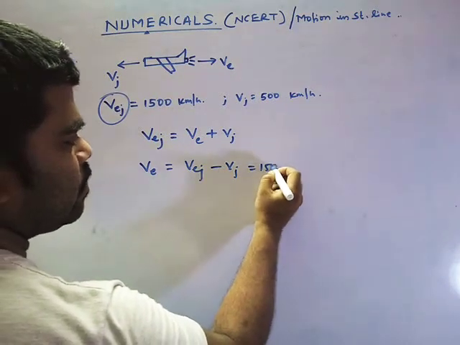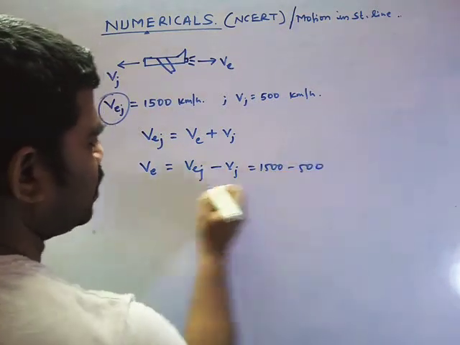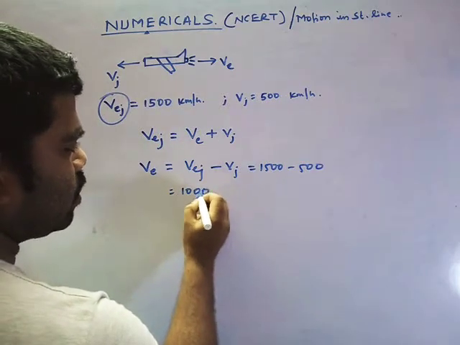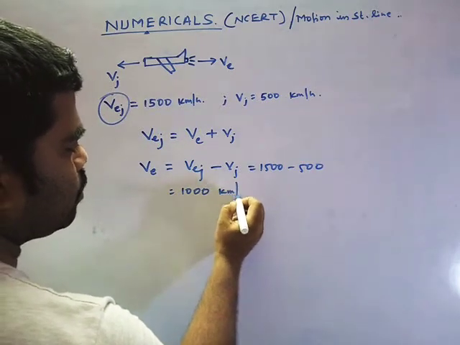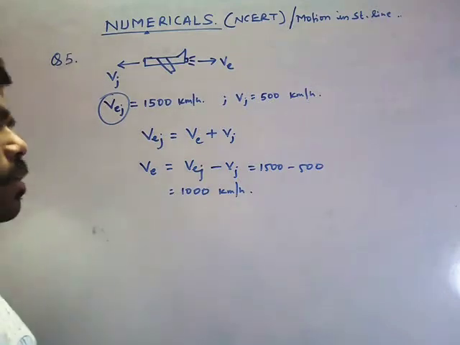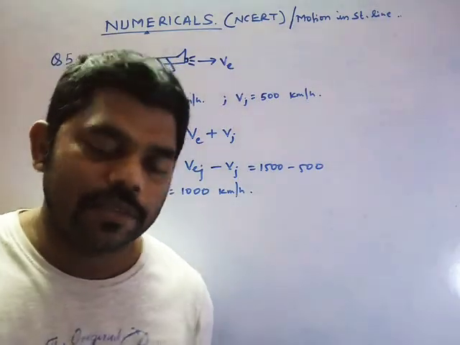So it is 1500 minus 500, which is 1000 kilometer per hour. In this way we can give the answer of question number 5.